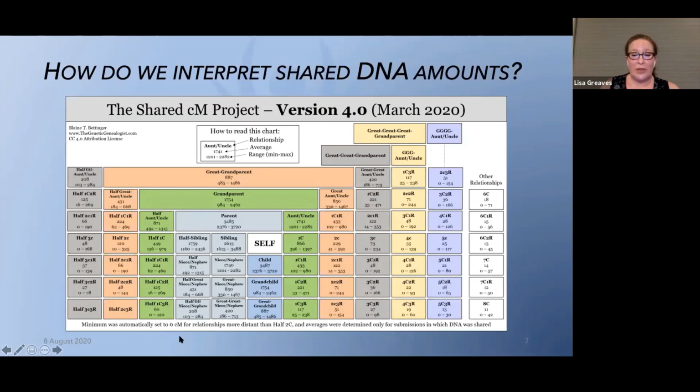They have an interactive version of the chart at www.dnapainter.com. And it's nice because you can just type in the amount of shared DNA and it will automatically tell you the possible relationships for that amount of shared DNA and the probabilities. So which one is most likely? But I would caution you against playing probabilities because sometimes it is the 2%. You know, sometimes it is the most unlikely option. That happens sometimes.